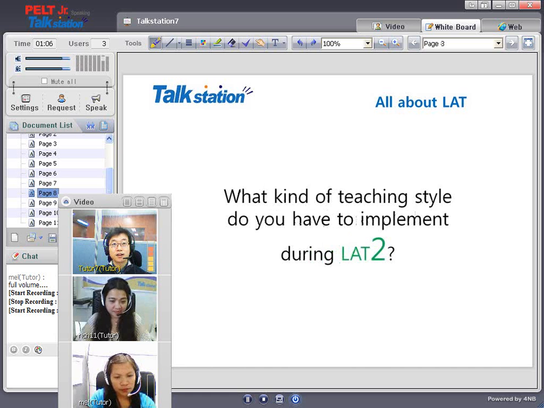Teaching style. It would be somewhat different from LAT 1, I think. What do you think? Actually, not really teaching style, but in ourselves, we must be friendly, create a friendly environment for the student.